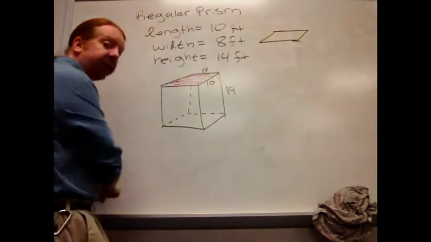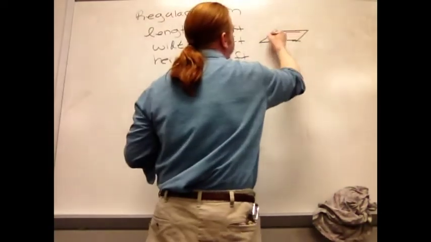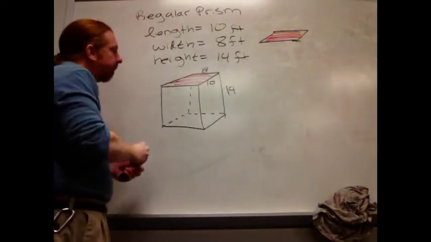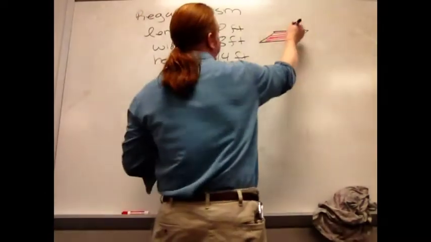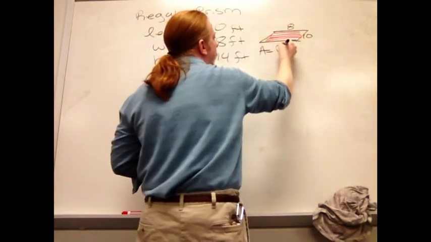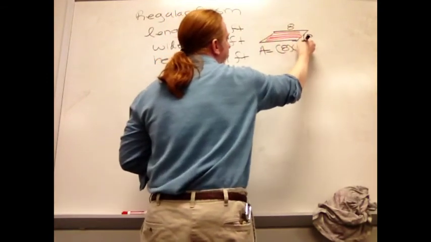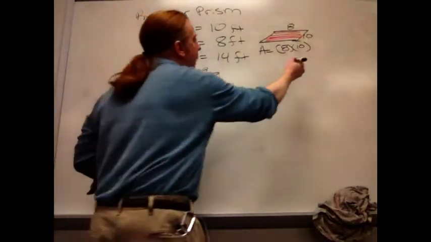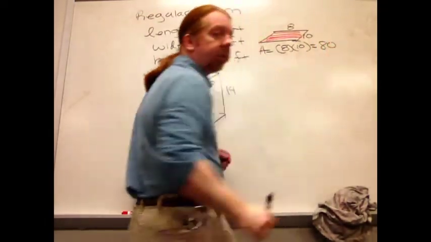I'll draw it over there. It's a 3-dimensional figure, so it's still technically a rectangle. It's just disappearing back into the board. Now that's still 8 by 10, and that works out to be 80 square feet.